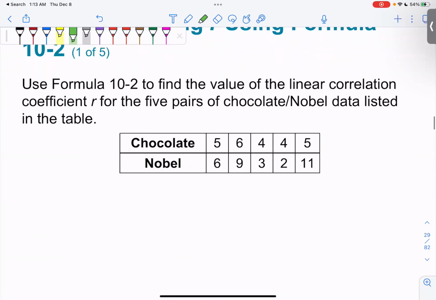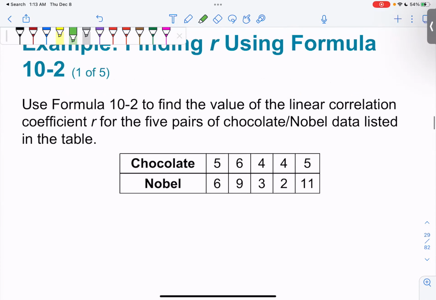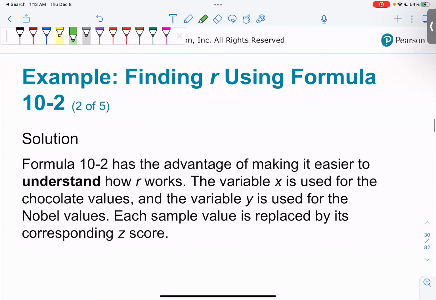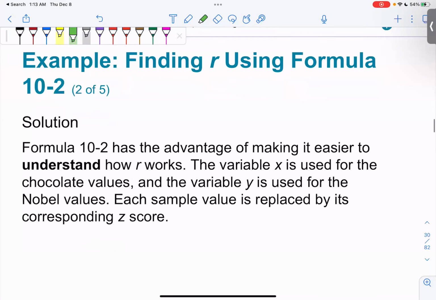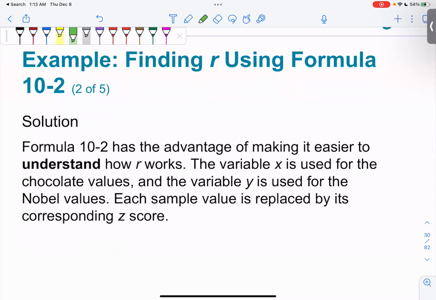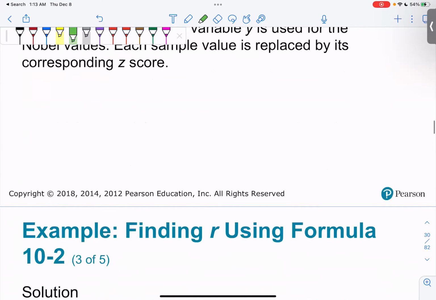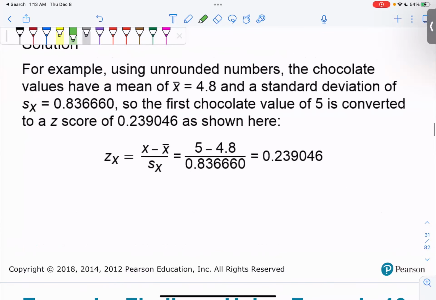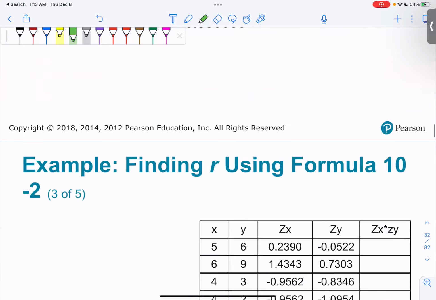Okay, so then here, let's see what we want to do. Okay, it's easier to understand how it works. The variable of x is, okay. So if we use the z value, I did this one. So now finding the z value.